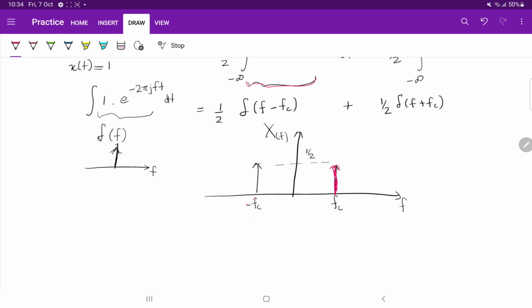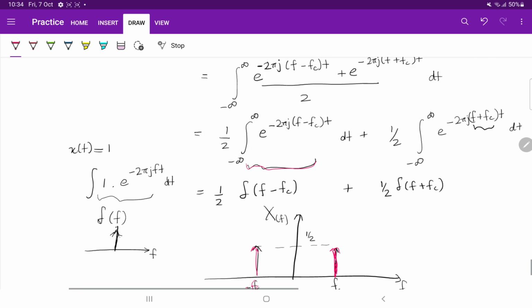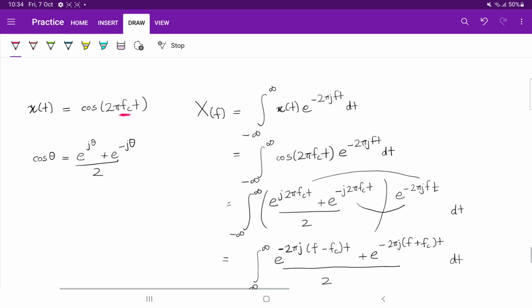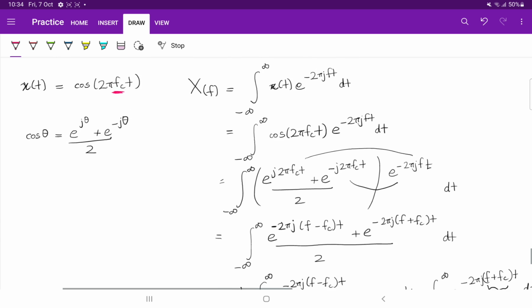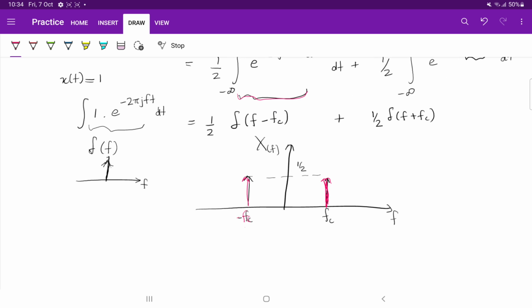Likewise, here is minus fc. Always remember that it's actually giving the actual frequency of this cos wave. That's what you can easily express from the Fourier transform of a cos wave. I hope now you have some idea, and if you have any doubts, please comment below. Thank you for watching.